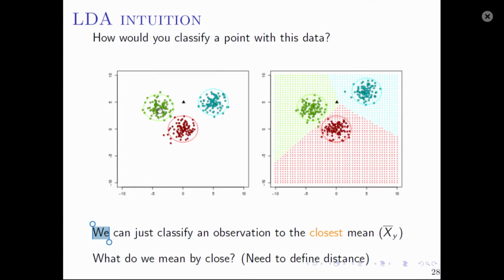When for all the classes you have the same covariance matrix, then you can just calculate the means of each class and find out which is the closest, and then you classify this point as that class. So if you assume all the classes have the same covariance, it will give this kind of function.